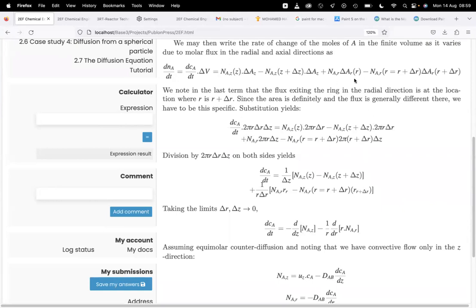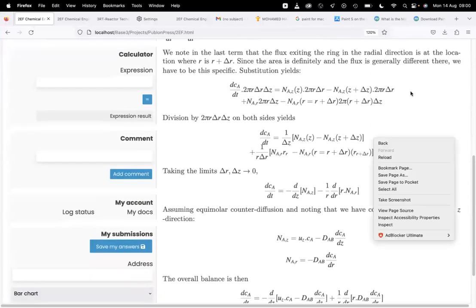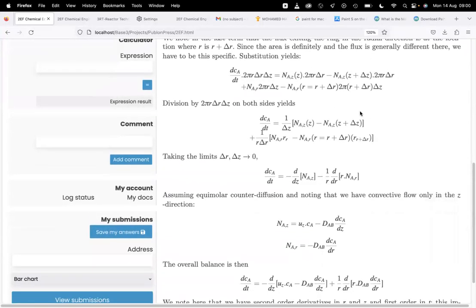But for the flux in the R direction, you've got NAR, and that's the area on the inside. And then you've got NAR, and here we are specifying this will be at the R plus delta R position. And there the area is a bit different. This is at a slightly greater R position as well. So that's the other area, and that's a complete equation as it is.